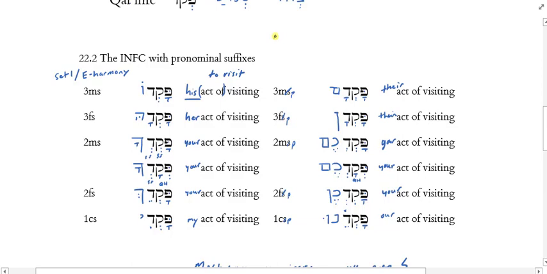So one thing about infinitive construct is that in and of itself, the infinitive construct is not marked for person, gender, and number as a feature of its verbal inflection. It doesn't have person, gender, number. It is impersonal. It is just the act of visiting, the act of eating, the act of snoring. It's just talking about the bare verbal action. And if I want to indicate whose act of eating, snoring we're talking about, then I don't use personal endings. I use pronominal suffixes. Okay?